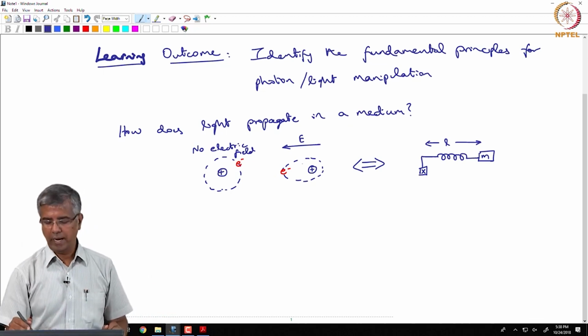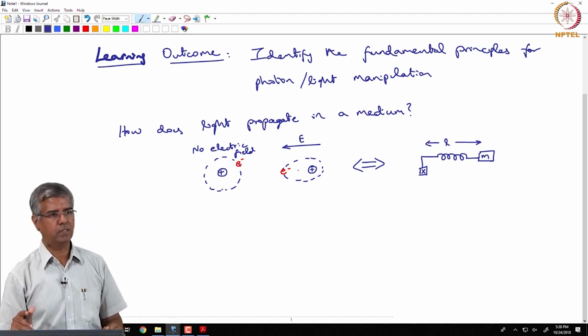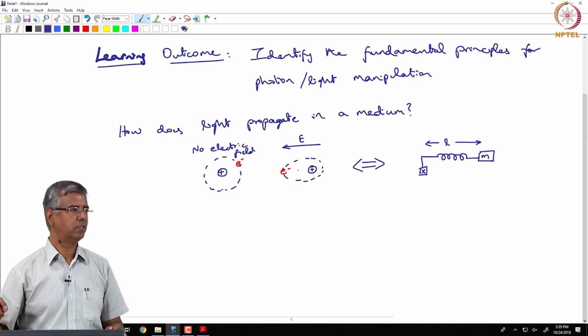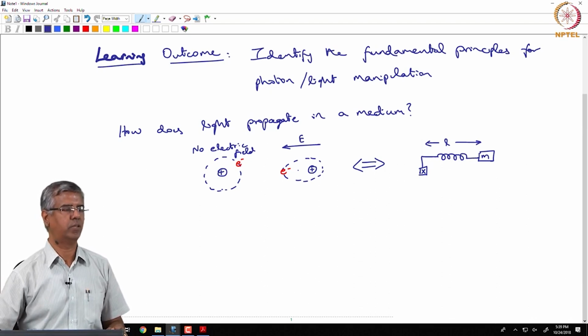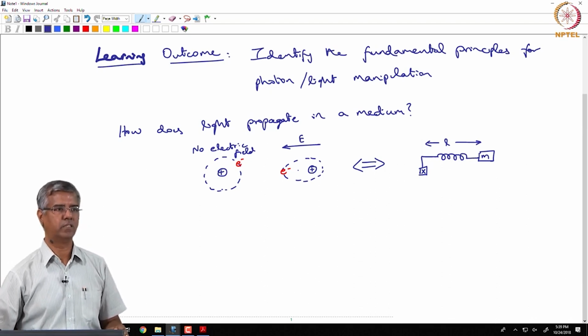Okay. And when this happens at one atomic location, it influences the neighboring atomic location also, the valence electron in the neighboring atomic location.